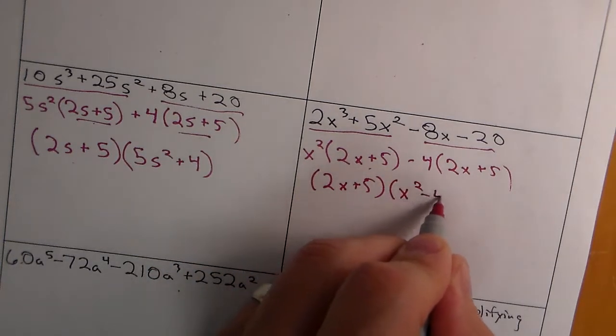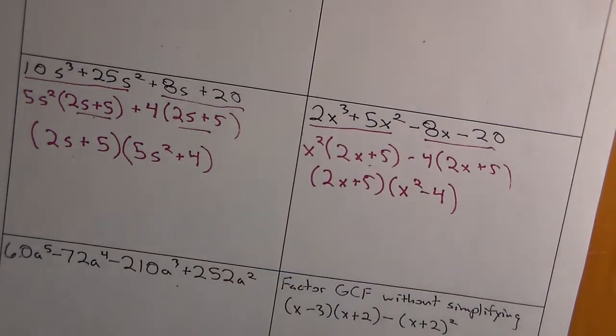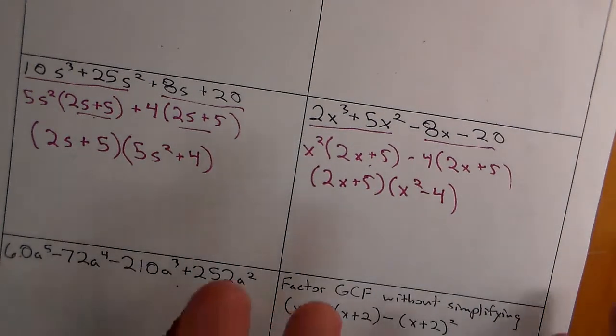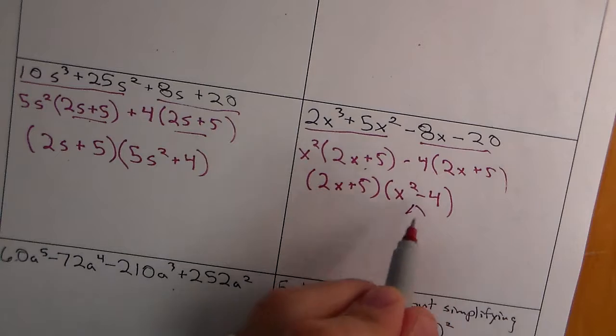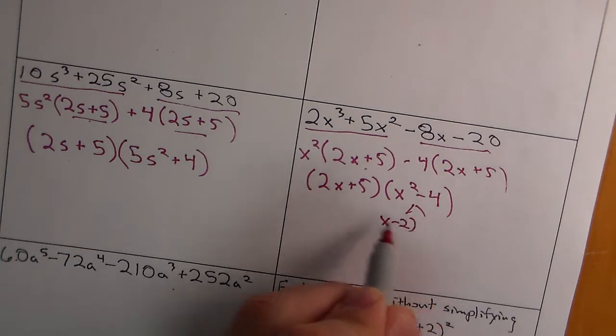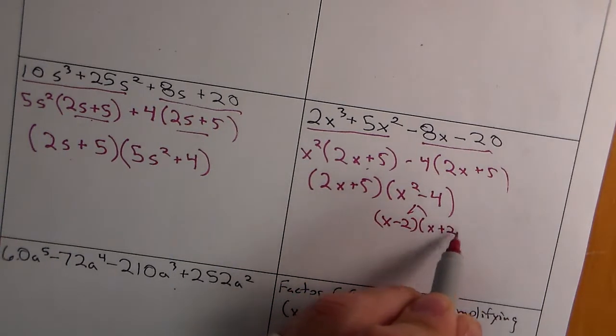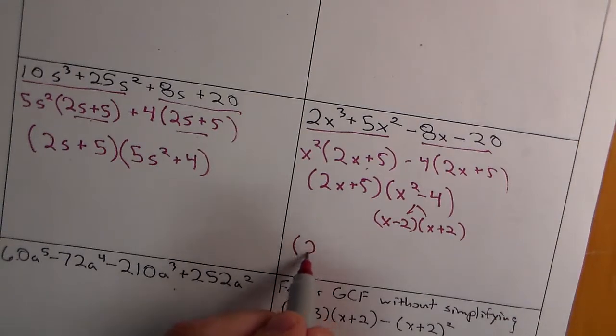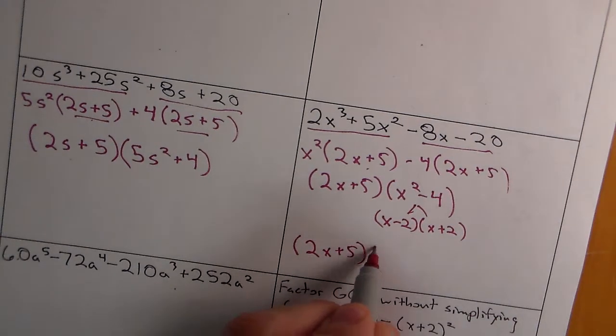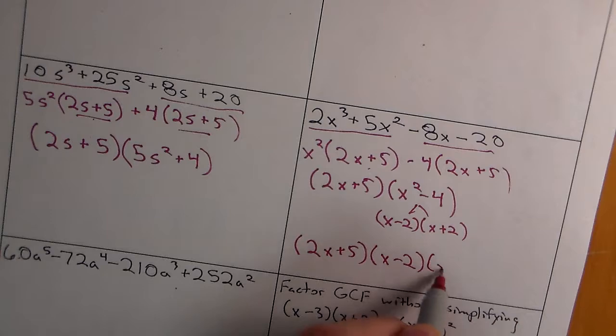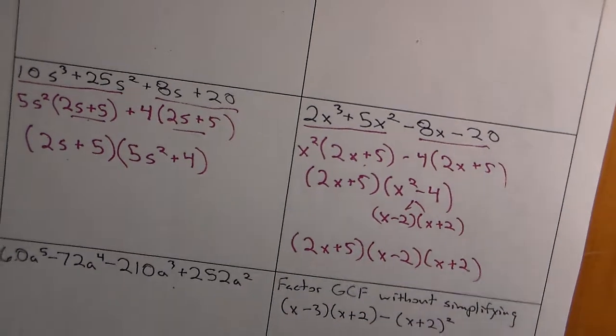Left with x squared minus 4 here. Now x squared minus 4 should pop in and we think, oh, that is a difference of squares, which is going to become x minus 2, x plus 2. So our factors are 2x plus 5, x minus 2, x plus 2.